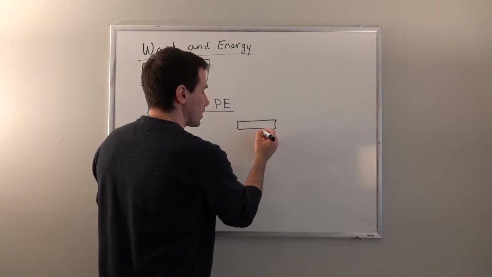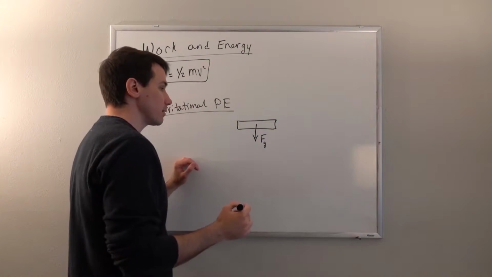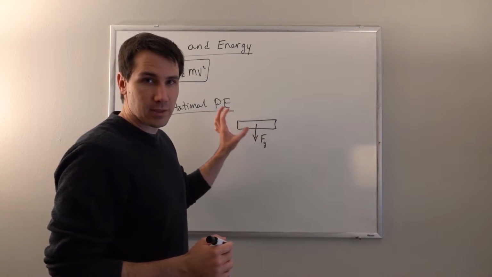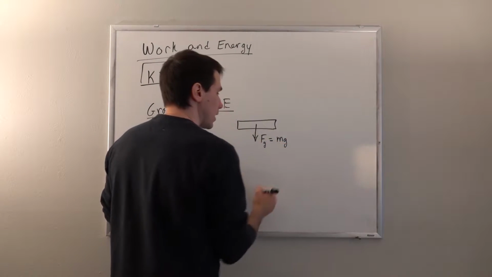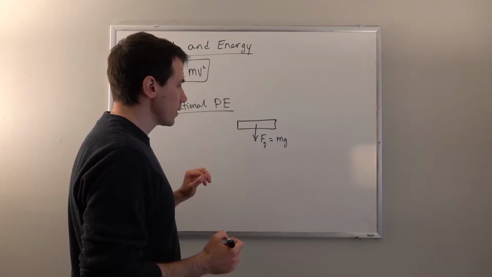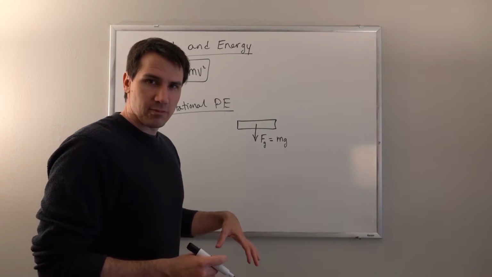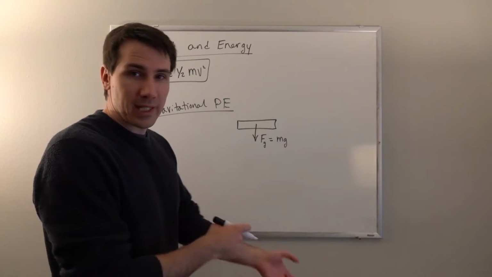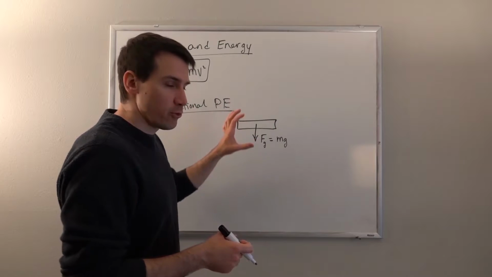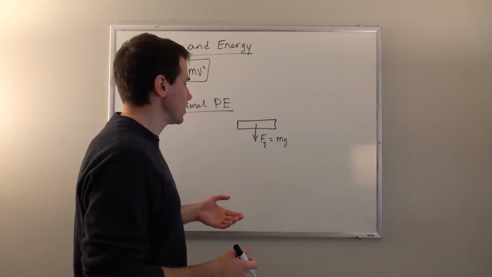Looking at the forces, after the pen is dropped, the only force on that object is the force of gravity, which is of course mg. All right, we'll just make down positive because the pen's moving down. And work only cares about the direction of your force relative to the direction of motion anyway, so it doesn't really matter.